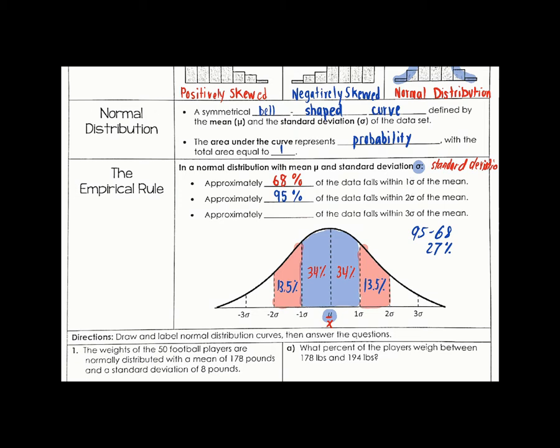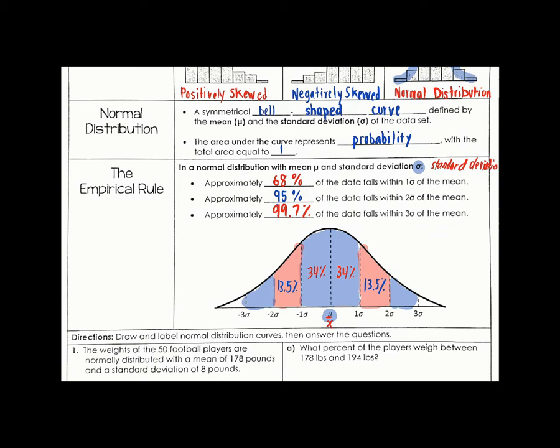Okay? So then you have the third spot, and the third spot is 3 standard deviations away from the mean. And look how small these little slivers are. They're really little, right? That's 3 standard deviations away from the mean. Well, there can't be much left, right? 99.7% of all of your data is within 3 standard deviations of the mean. Well, again, how much is left over?